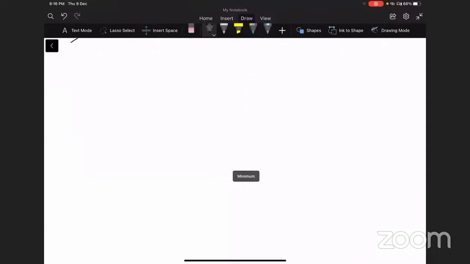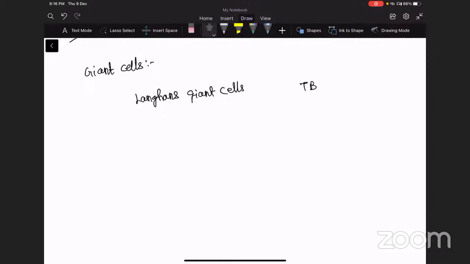And we'll move on to some important giant cells that are seen. Langhans giant cells are seen in TB granuloma.